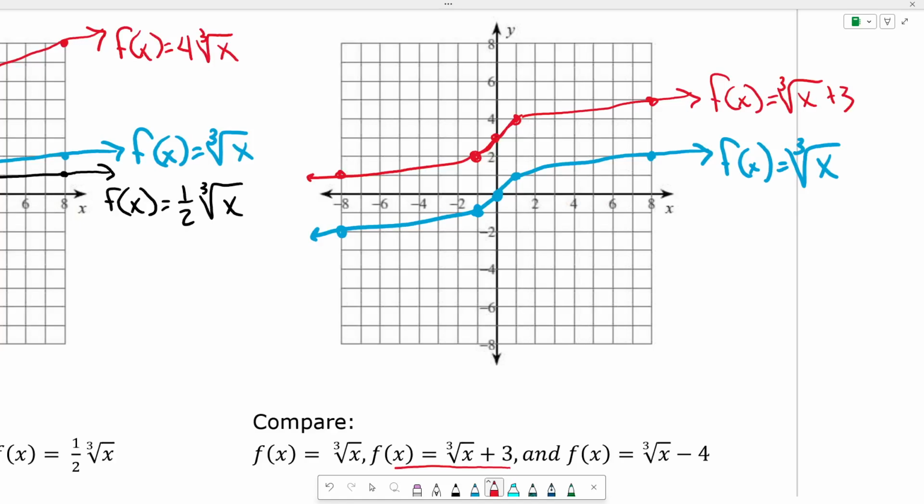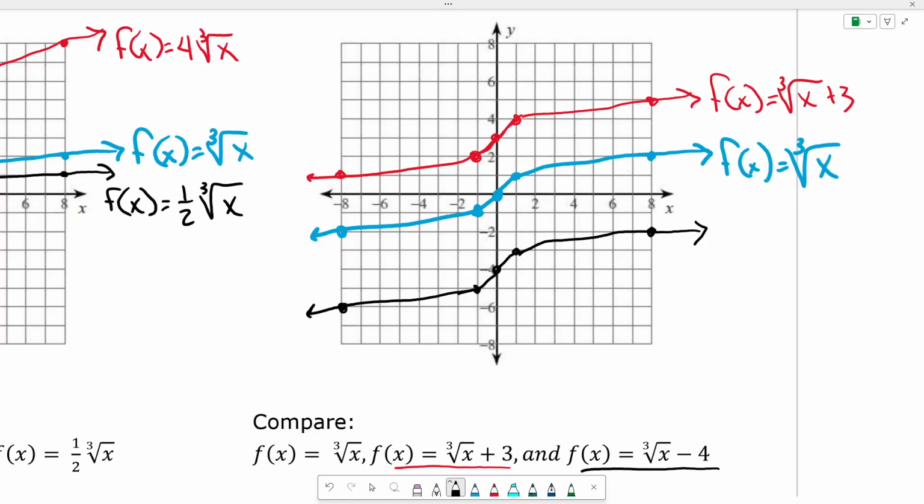Also, if we do this one right here, which we'll do with the black pen, we're going to move it down 4 places. Every point gets moved down. 1, 2, 3, 4 places down. 1, 2, 3, 4. 4 places down for each of them. The graphs will all look identical without any stretches or changes.